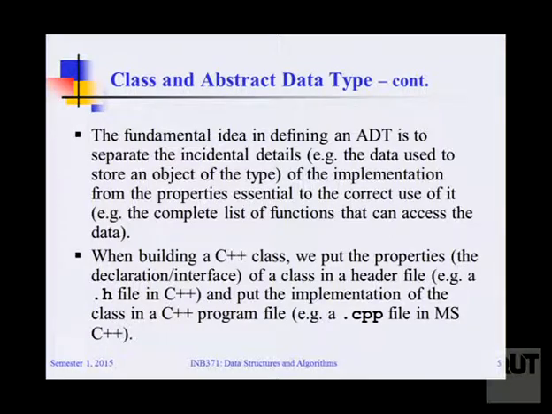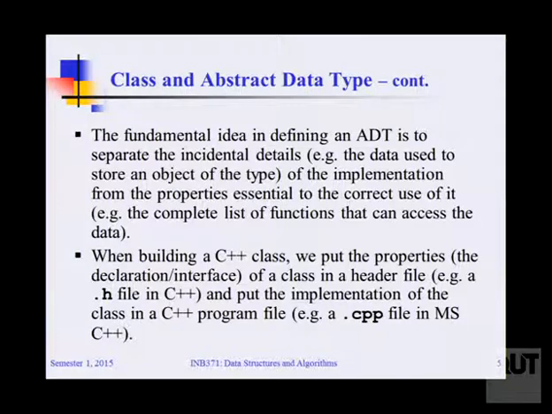They only need to know what sort of data type it is, what operations it provides, and how to use it. I mean the prototypes: when I call a function, what parameters should I pass in, what's the return type, and so on. So you don't need to worry about the internal implementation details. This is the basic idea behind abstract data types.